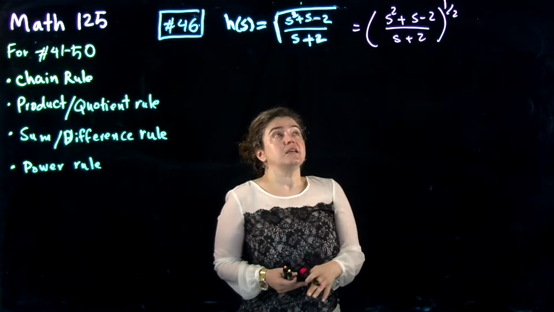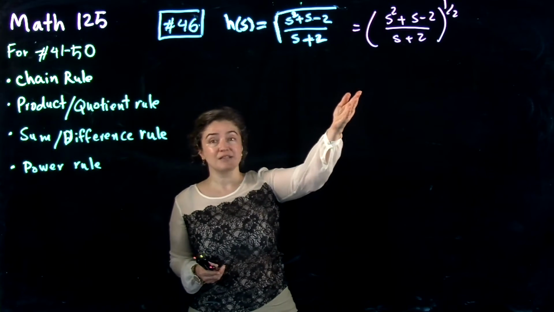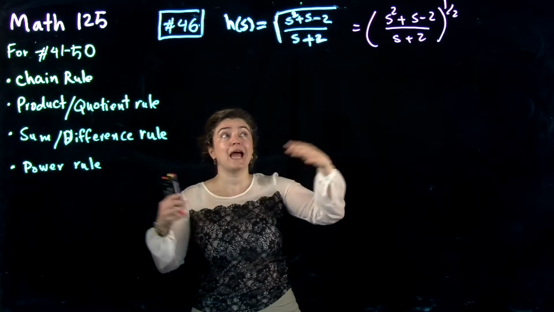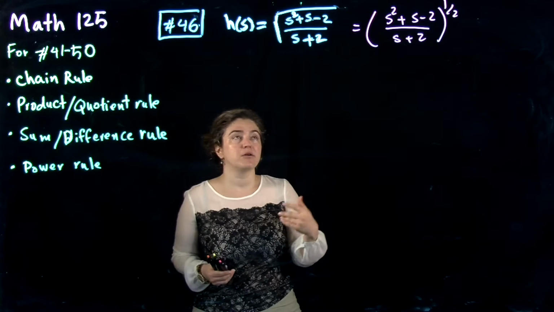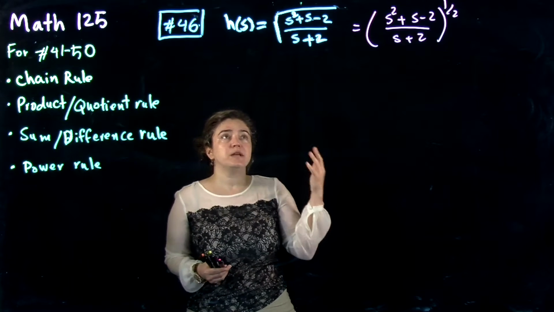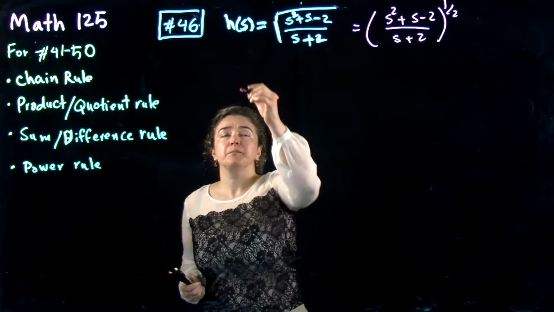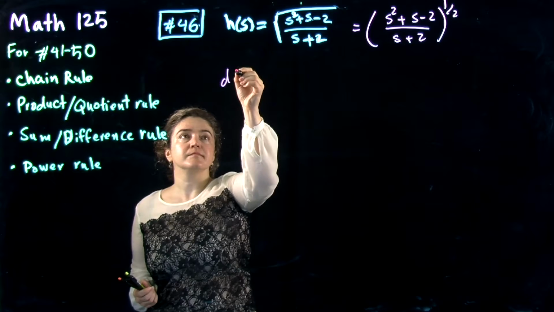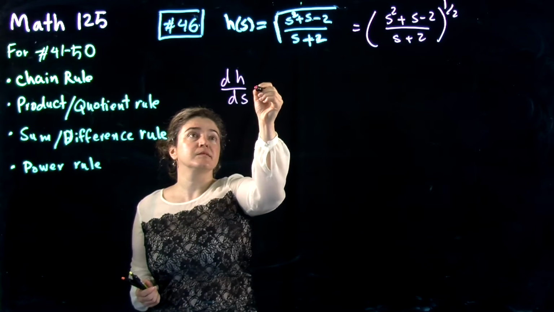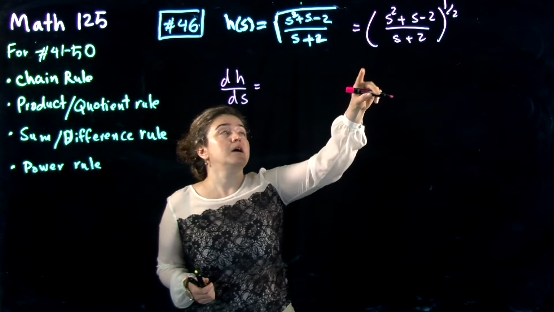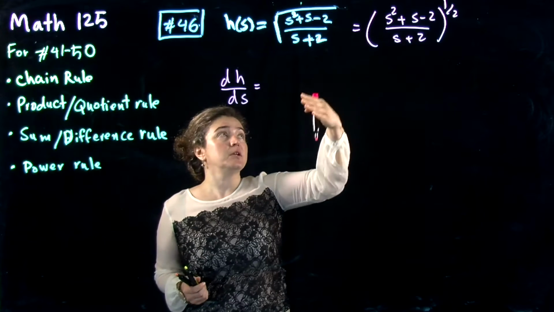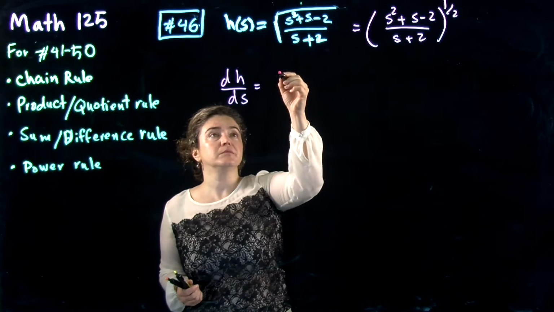So what I see is a general power rule, or I see the outside function as a power function. So when I'm taking the derivative of this with respect to s, first I use the power rule.